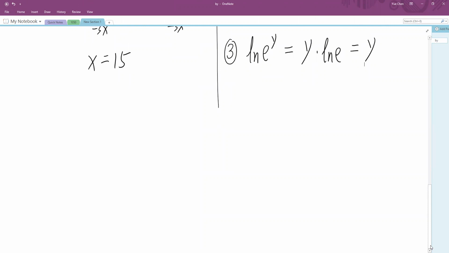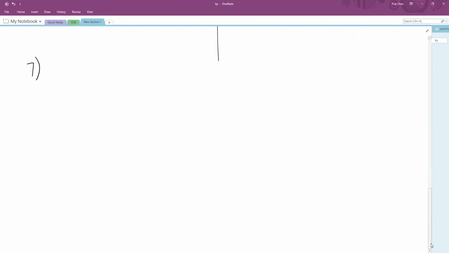Let's look at number 7. Number 7 is an application problem about exponential decay. This one tells you the formula is N equals 40 times e to the negative 0.03t. This is the formula, right?